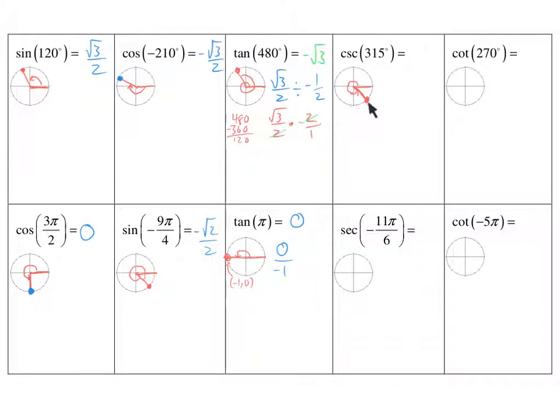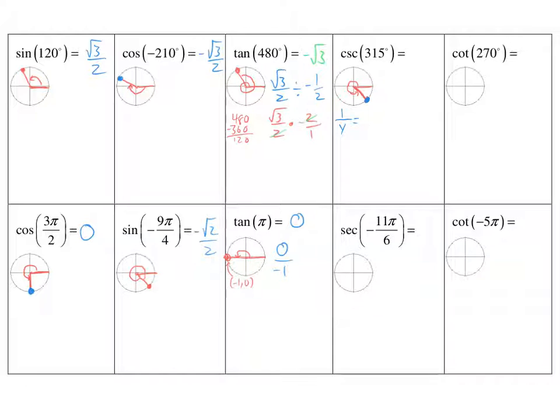Okay, now that coordinate, if I went cosecant, cosecant is the reciprocal of sine. So it's going to be 1 over sine, and sine is y. So cosecant is 1 over y, or the reciprocal of sine. So at this dot, what is the y value?